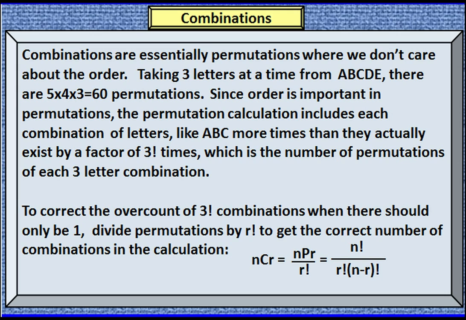To correct the overcount of 3 factorial combinations when there should be only 1, divide the permutations by r factorial to get the correct number of combinations in the calculation. nCr is equal to nPr divided by r factorial, which is equal to n factorial divided by r factorial times the quantity n minus r factorial.